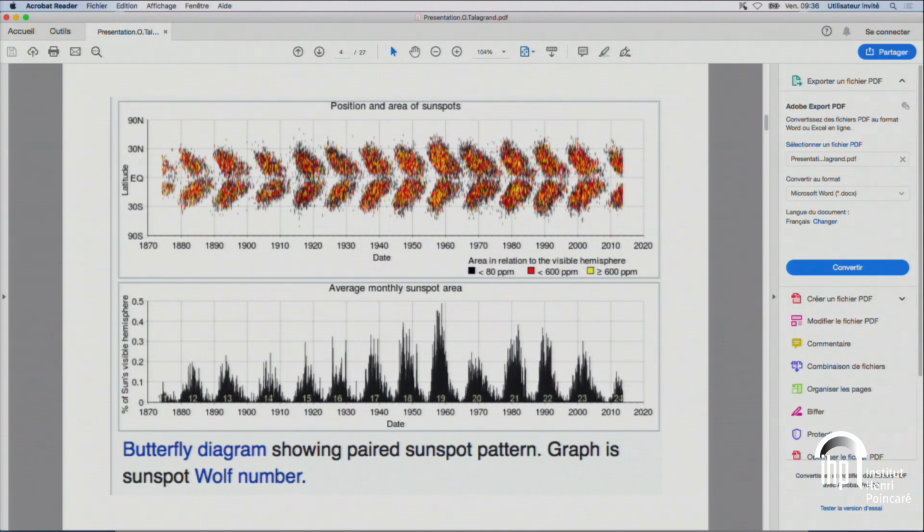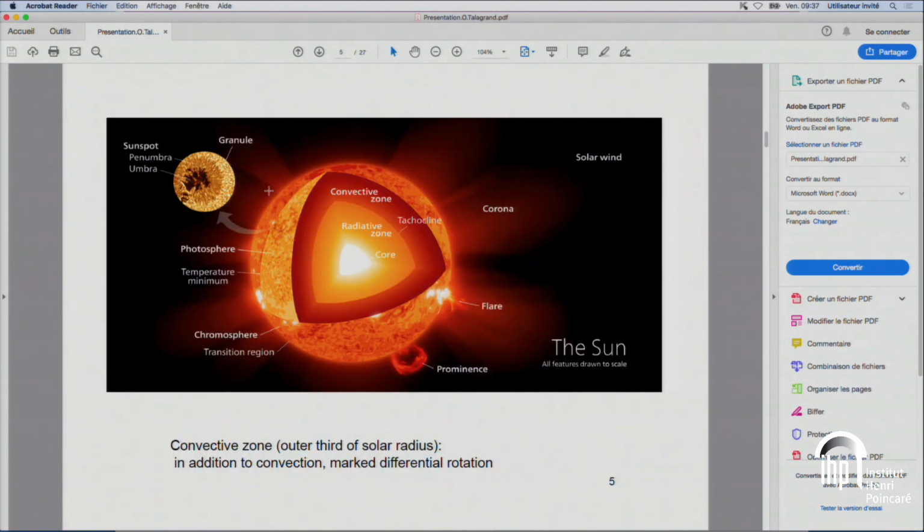And you know there was a long period in the 17th century where apparently no spot was seen at all for several tens of years. The so-called Maunder minimum.